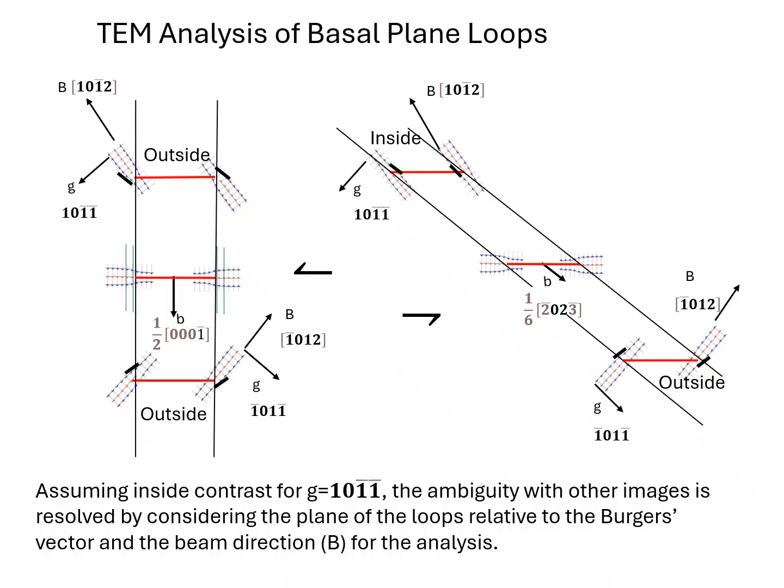And actually, this one I can say is the loop that becomes more apparent, the one that is characteristic of the Burgers vector.